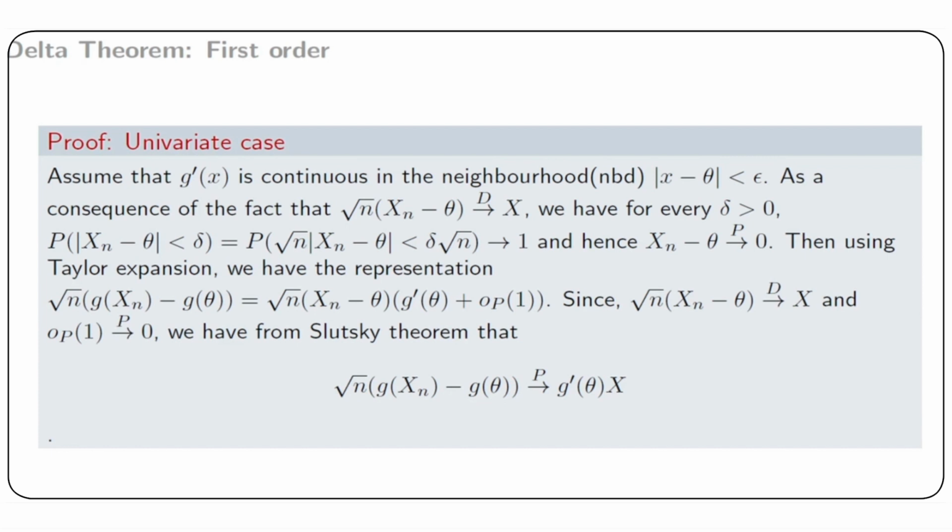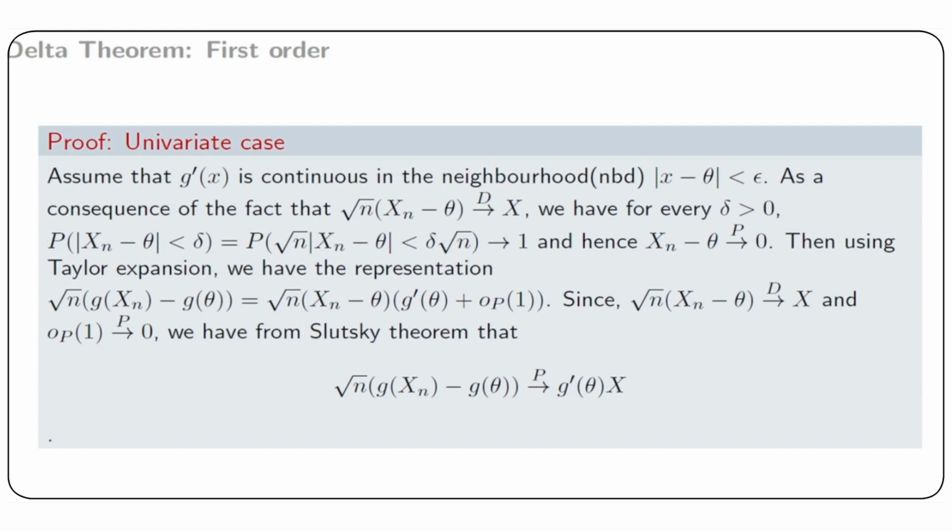As a consequence of the fact that square root of n times (Xn minus theta) converges in distribution to X, we have that for every delta greater than 0, the probability that the distance between Xn and theta is less than delta is nothing but the probability that square root of n multiplied by the distance between Xn and theta is less than delta multiplied by square root of n, which tends to 1. Because square root of n times (Xn minus theta) converges in distribution to a non-degenerate random variable X, this immediately gives the fact that Xn converges to theta in probability.